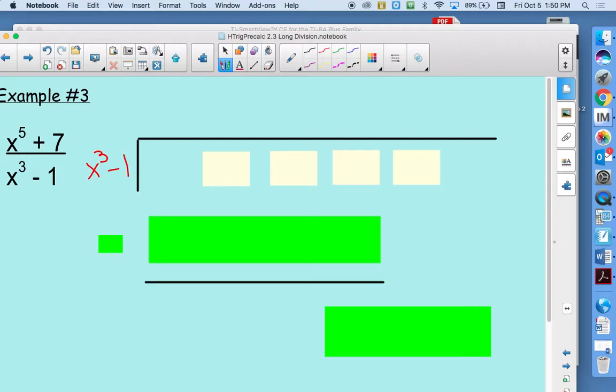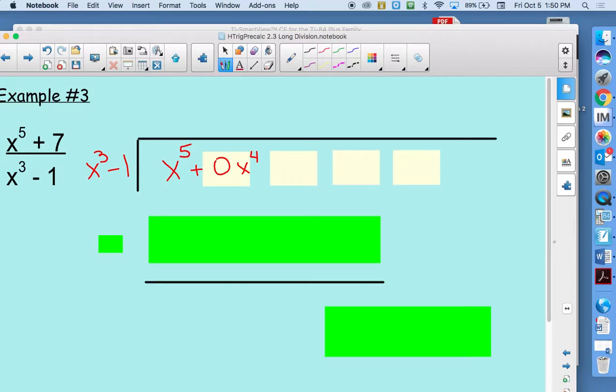And then the numerator, if you notice up here on my screen, I have white spaces there because the numerator goes from x to the 5th and then it skips all the other powers. Combining like terms is so important because you don't want to add an x squared with an x cubed because they can't be added together. So when you have powers that are missing, we are going to fill that missing place with a 0 and that matching power.